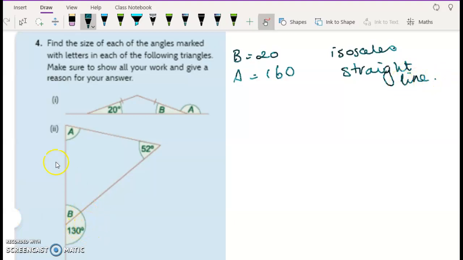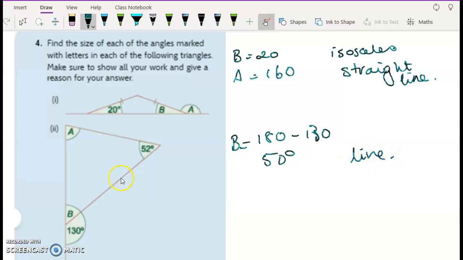Okay, so if I go down here, well, I can say that B is equal to 180 minus 130, so that's 50 degrees, and that's a line.